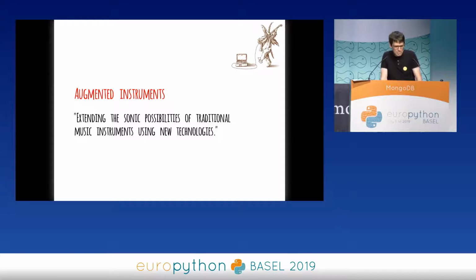So why the strange name augmented instruments? Actually, it comes from augmented reality. In augmented reality, we mix real-time views of the world with synthetic information that we add to the image. And augmented instruments do the same. They mix real-time acoustic sound of the instrument with processed audio. So in a sense, augmented instruments are augmented reality applied to music.